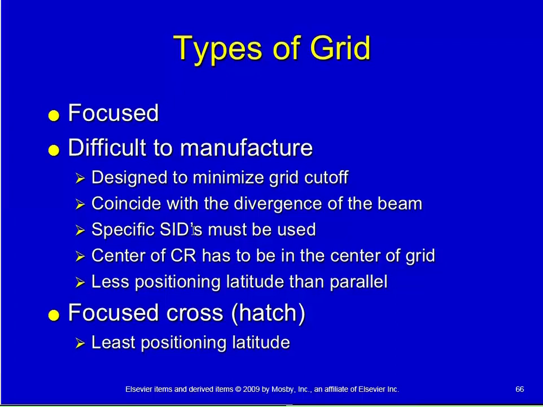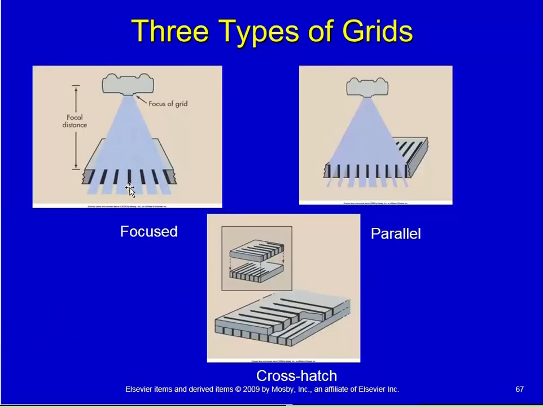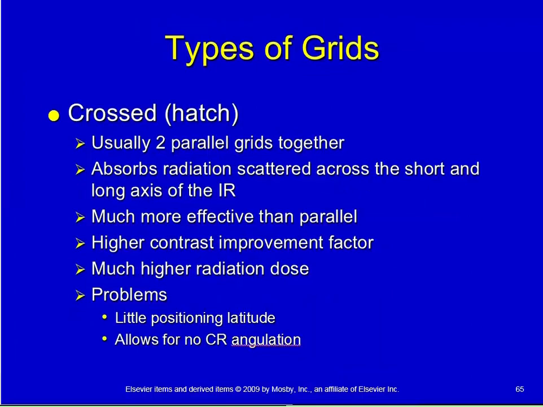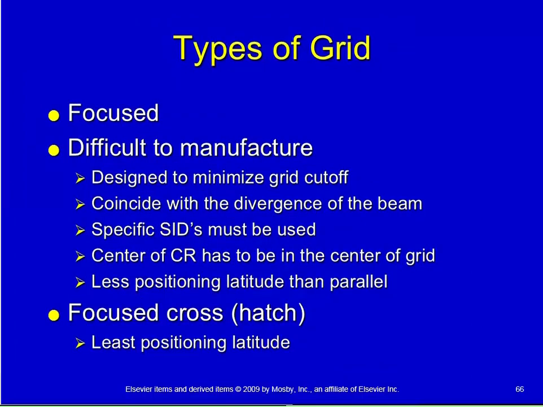If you exceed the focus on a focused grid, by either increasing too far or decreasing too close to the grid, then you're going to have grid cutoff in the periphery. Because the middle of the grid is essentially a parallel grid, you will not have grid cutoff here. If you exceed the focus, where you're going to have grid cutoff is in the periphery. So they have to be used with specific SIDs.